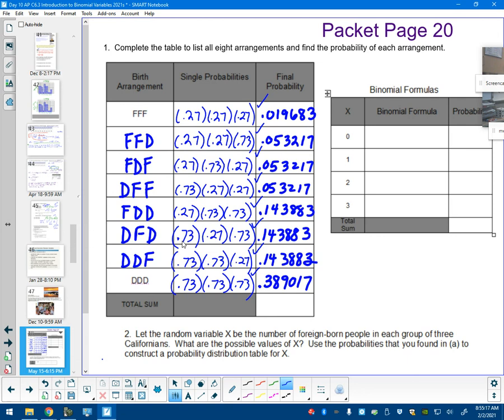All right, and Nathan and Emma Salem are in charge of adding those up, and make sure you confer with each other before you tell me what it is.